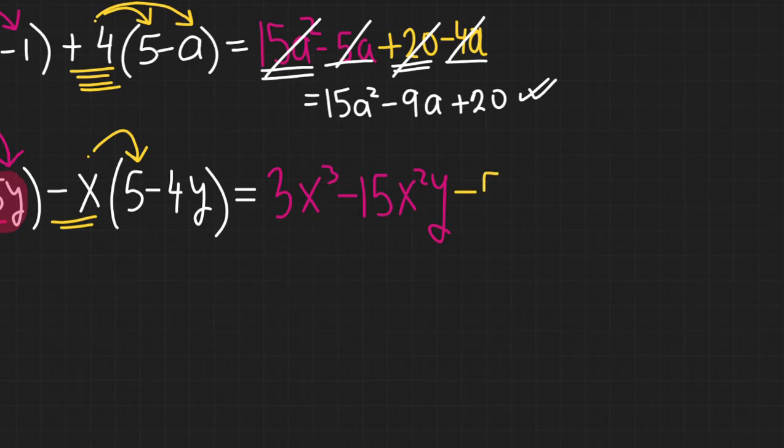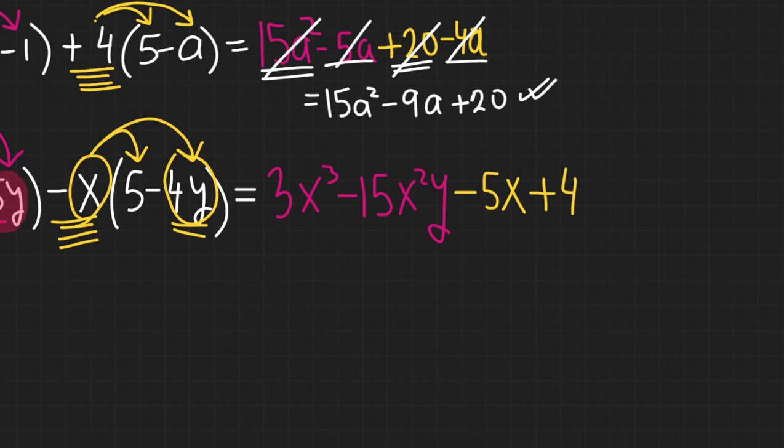That will be negative 5x. And finally, negative x multiplied by negative 4y. Negative by negative will be positive. x multiplied by 4y will be 4xy.